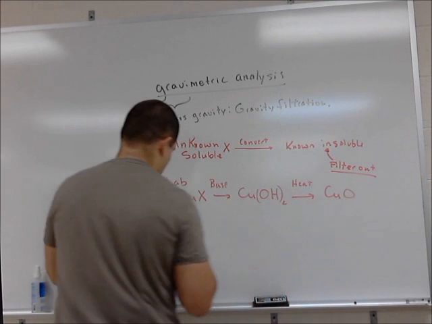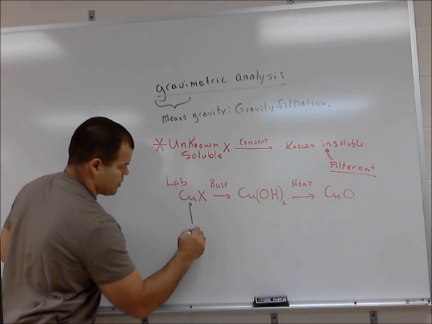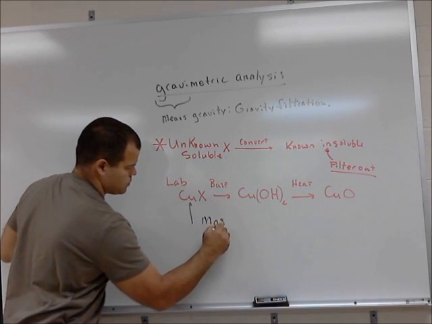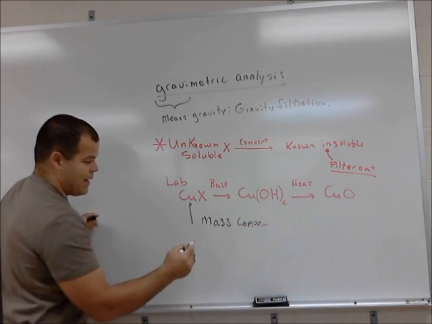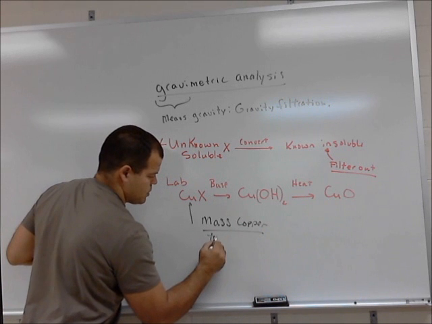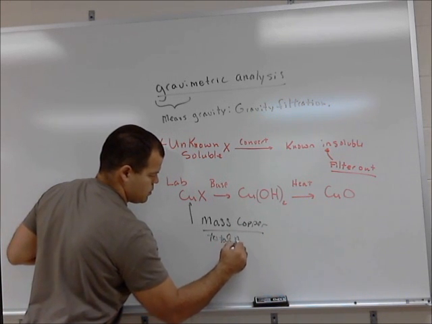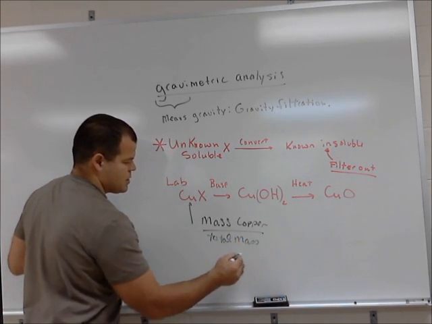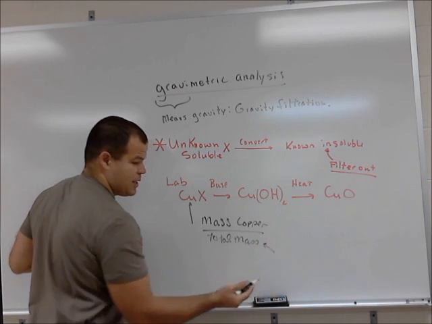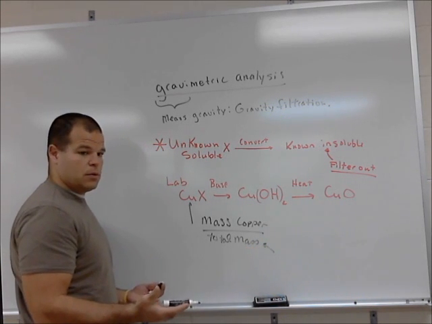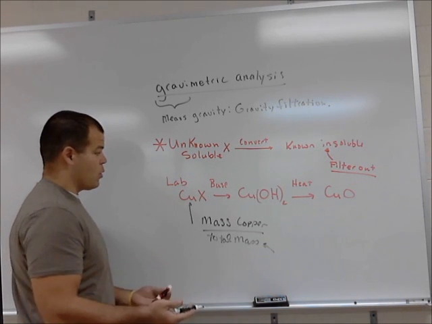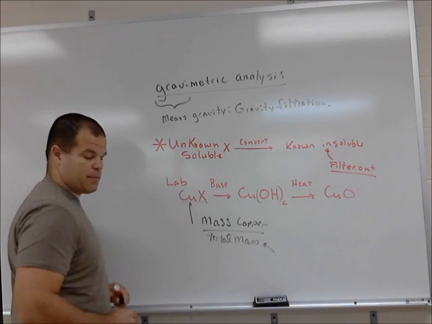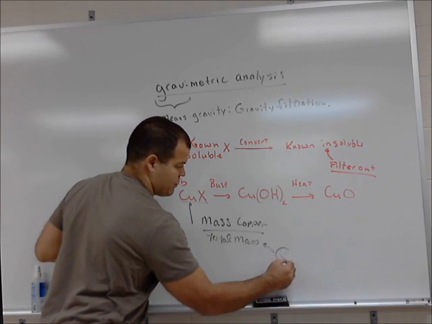We need to know the mass of the copper, and we need to know the total mass of the sample. This you can get simply from the initial mass of your sample. You weigh it out. You should have that be the first thing you write down when you mass out your sample. This you should have easily.